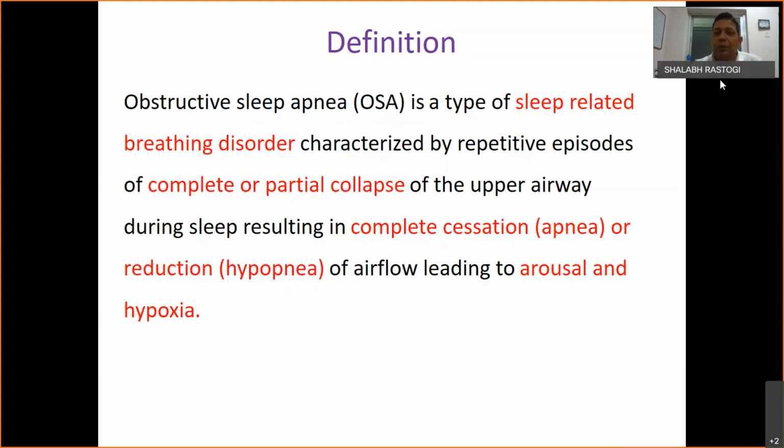There are 3 important components: one, an obstruction of the upper airway; second, it happens during sleep only; and third, it leads to arousal from sleep and resulting repeated hypoxia.